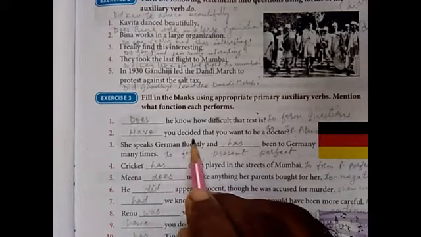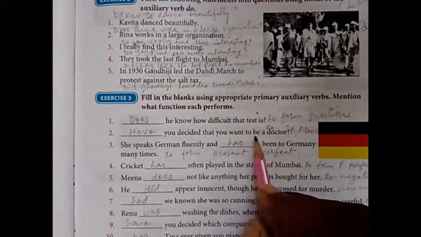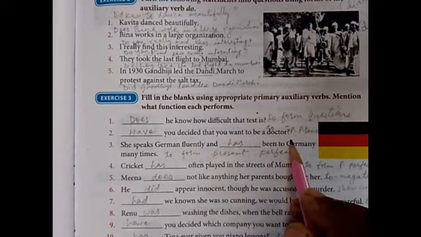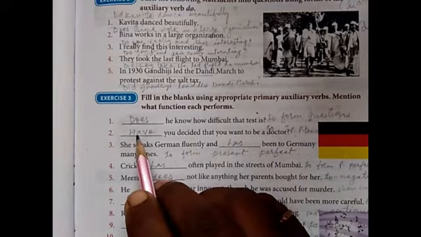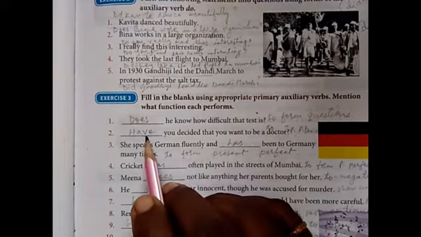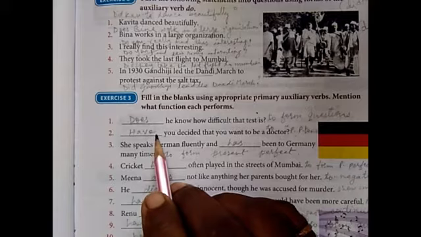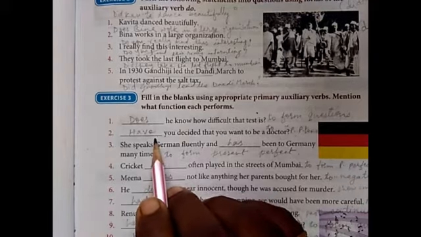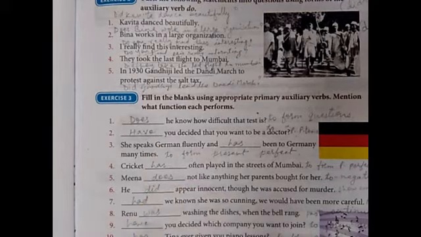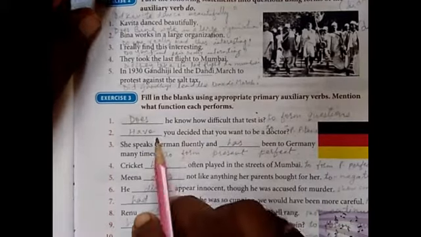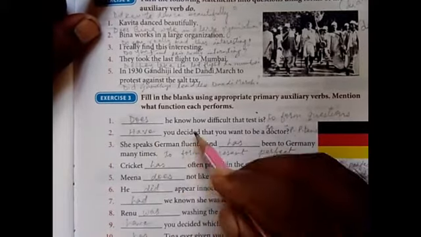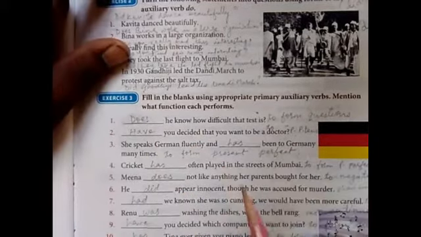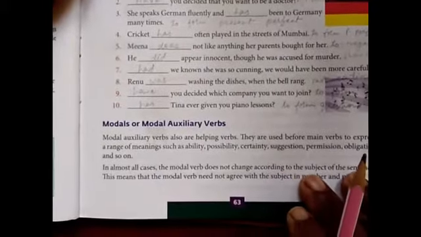Dash you decided that you want to be a doctor? Then what will be the answer? Have. Have you decided? So what is the function? To make questions. Like that, try doing the remaining exercise.